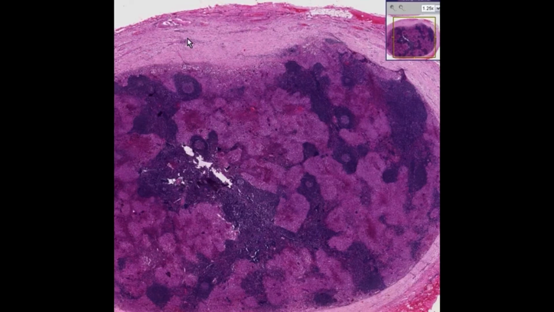However, what is abundantly apparent is that the capsule of the lymph node here is thickened, and inside the lymph node, once again, you have effacement or destruction of normal lymph node architecture, in which you have follicles with germinal centers underneath the capsule and medullary cords and sinuses inside.